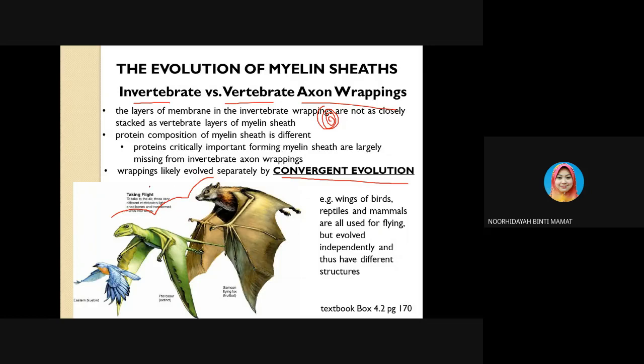They independently evolved the similar trait as a result of having to adapt to a similar environment. For example, here the wings of the birds, the reptiles, and also mammals are all used for flying. But they evolved independently and thus they have different structures.